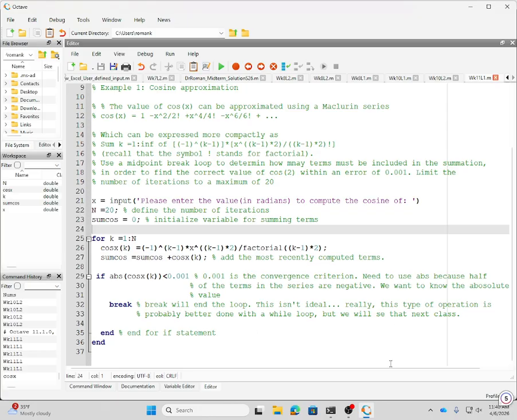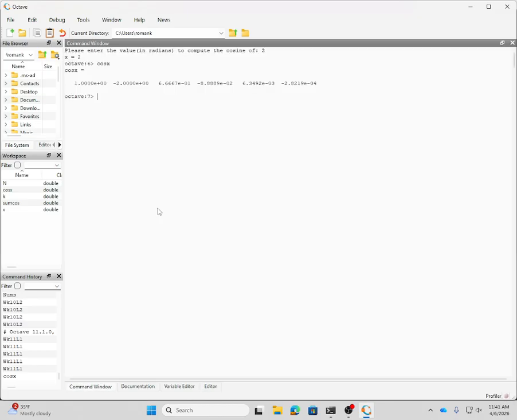Also zero. That one 0 as well. Sum cost. I have the sum cost negative 0.4162.